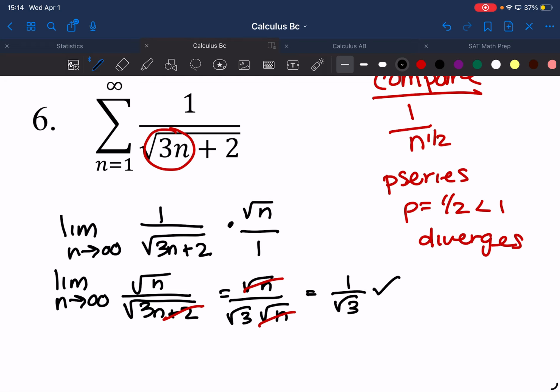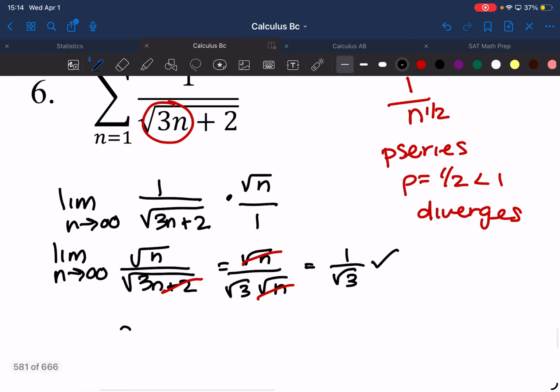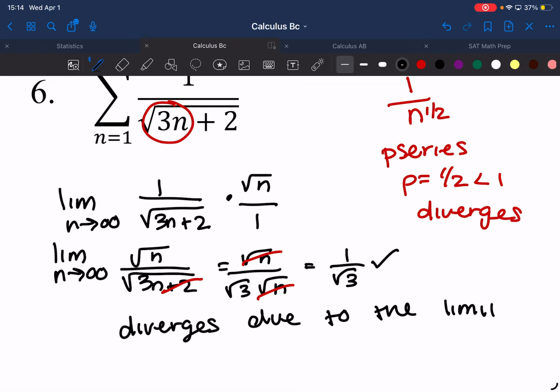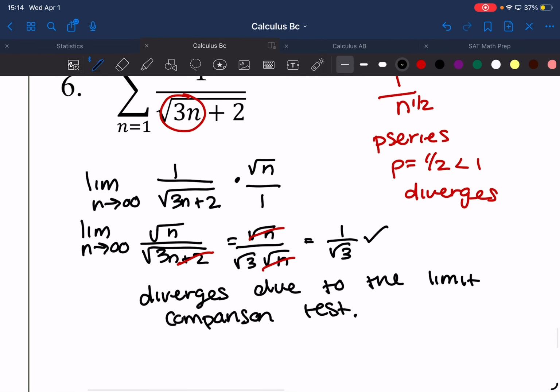Yes, so that meets that condition, which means that this series diverges due to the limit comparison test. Okay, any questions so far? This one's a lot easier, I think, than the other one.